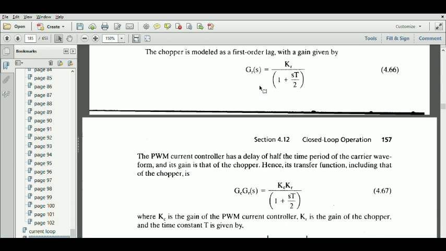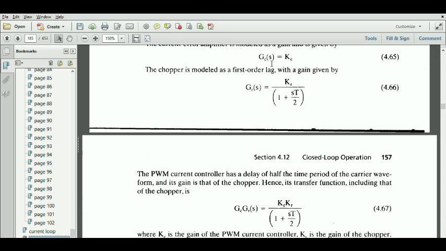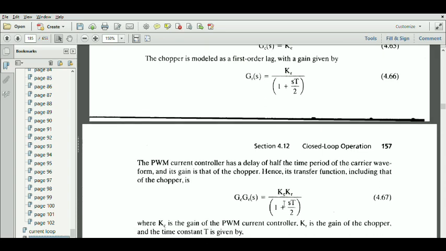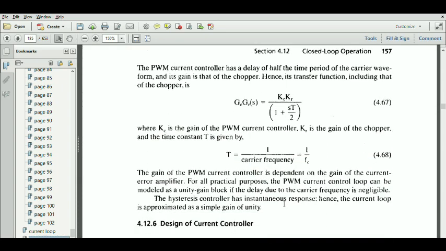If you multiply both of these, you will get GC of S into GR of S, which is KC KR divided by 1 plus ST, where T is equal to 1 by the carrier frequency, 1 by FC, that we have already discussed.